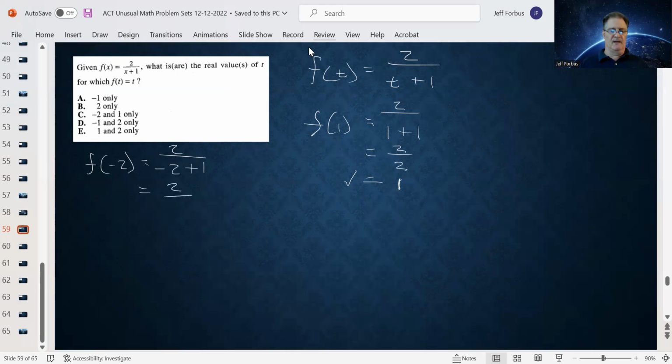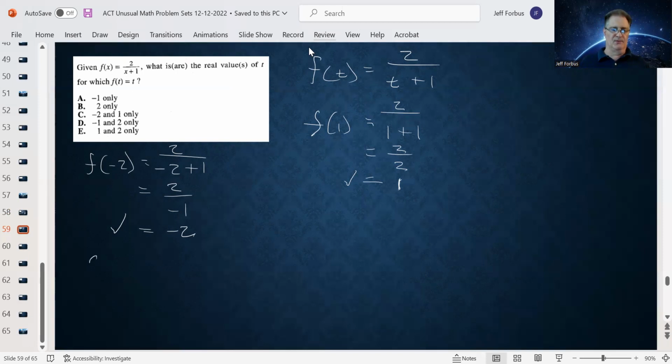Well, -2 plus 1 is a -1. And 2 divided by -1 becomes a -2. Now notice, our result of -2 is the same thing as t. So therefore that works. So we know 1 and -2 work, so those are gone.